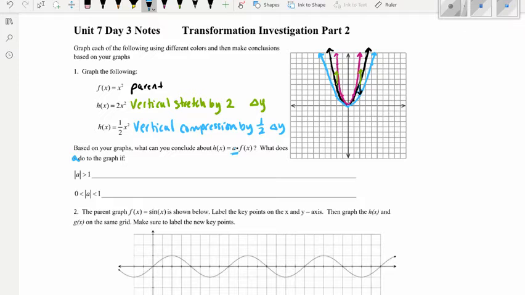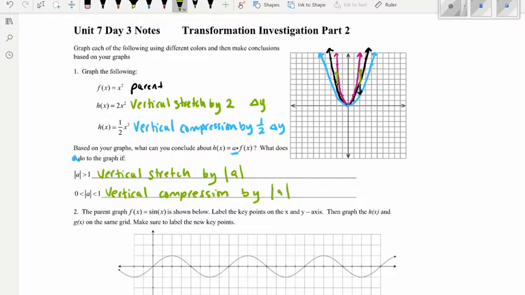So we just said that the absolute value of a, when it's bigger than 1, it's again going to be a vertical stretch by a factor of a, so the absolute value of a. And if it's in between 0 and 1, it's a vertical compression by the absolute value of a.